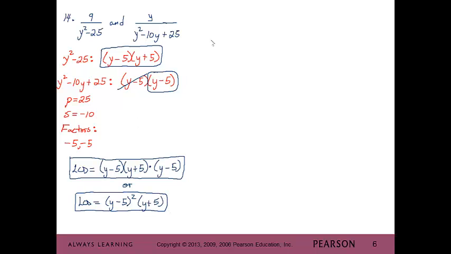And then last one, number 15. And we have 3 over x squared minus x minus 20. And x over 2x squared plus 7x minus 4.